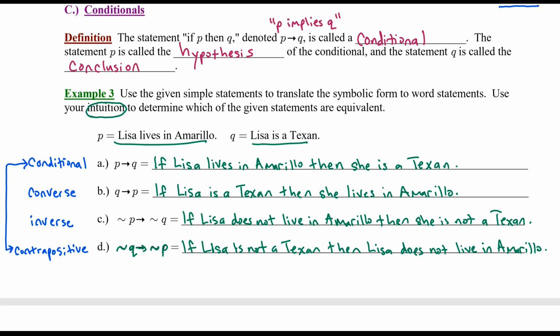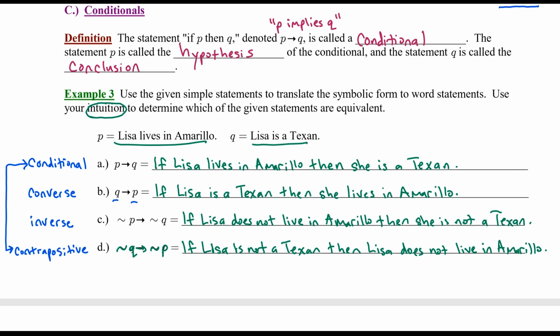Sometimes, if you give a conditional as a statement, you can clarify yourself by forming the contrapositive. It's equivalent, but it brings to light different concepts. Notice here in the converse, we've got the direction Q first, P second, and that direction has been switched here with the inverse, and both parts have been negated.